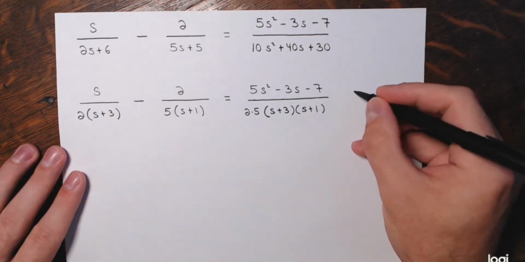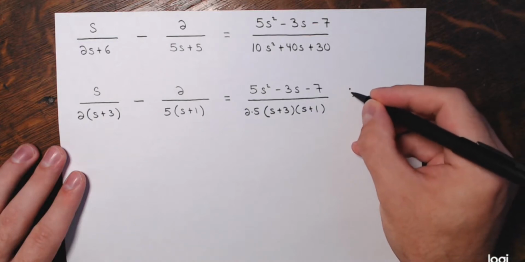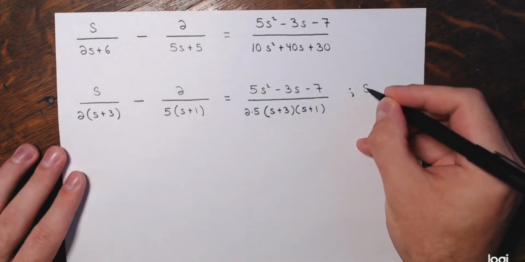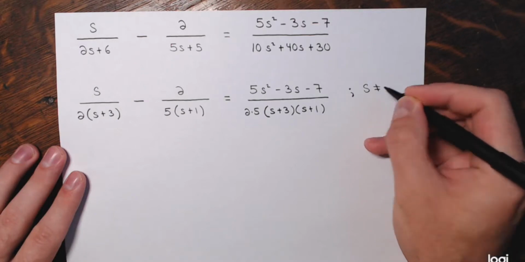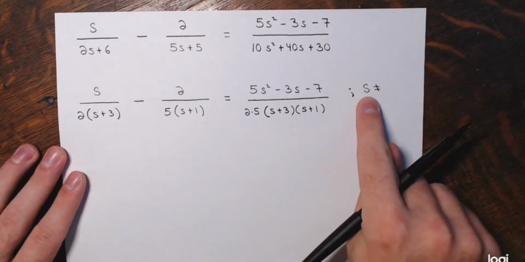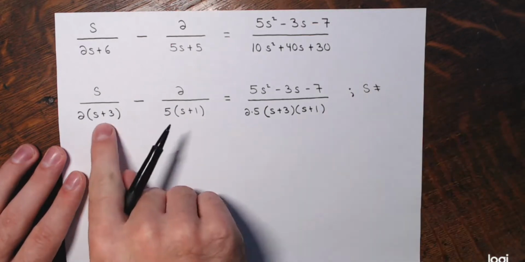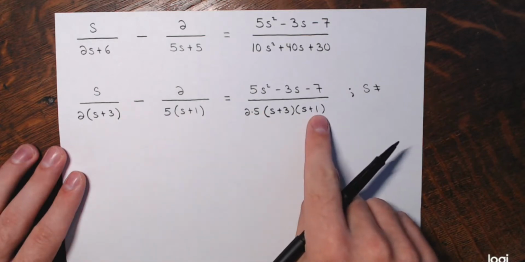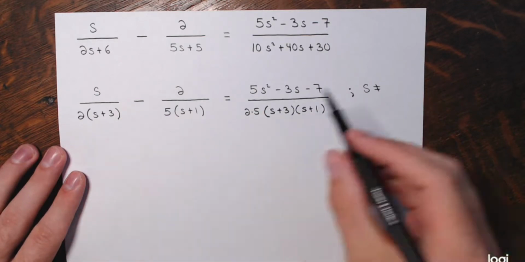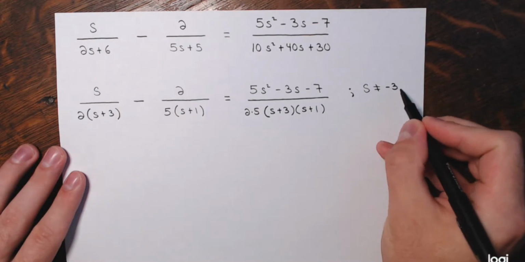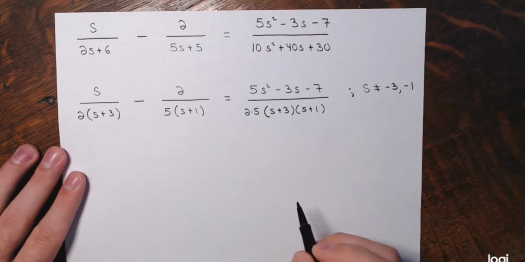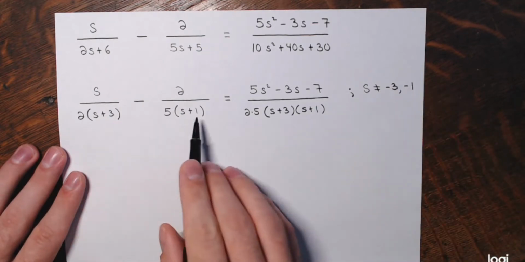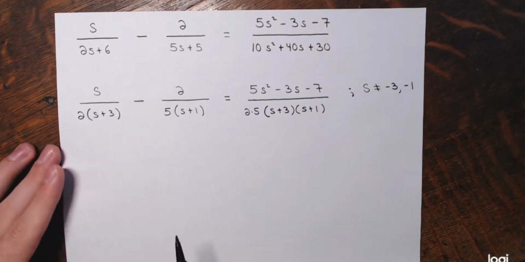Now, off to the side here, I'm going to put the values that I can't replace s with. So s cannot be, and hopefully it's clear from all the factors showing up in the denominators here, that s can't be -3 or -1. It can't be either of those because you'll be dividing by 0.